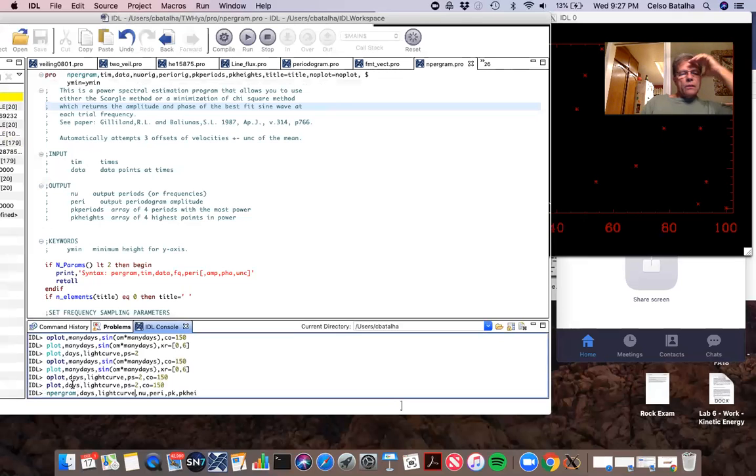So this routine, you have to input the days, which in your case in TW Hydra is the Julian date. The light curve is your veiling, during those days that we select or extract. Nu, I think, is the period in frequency.